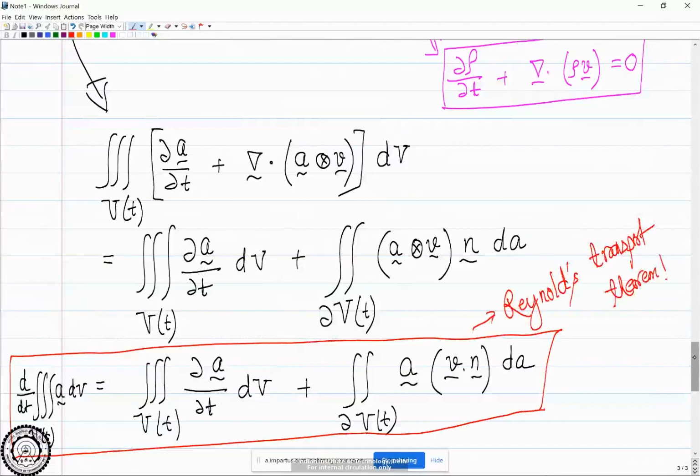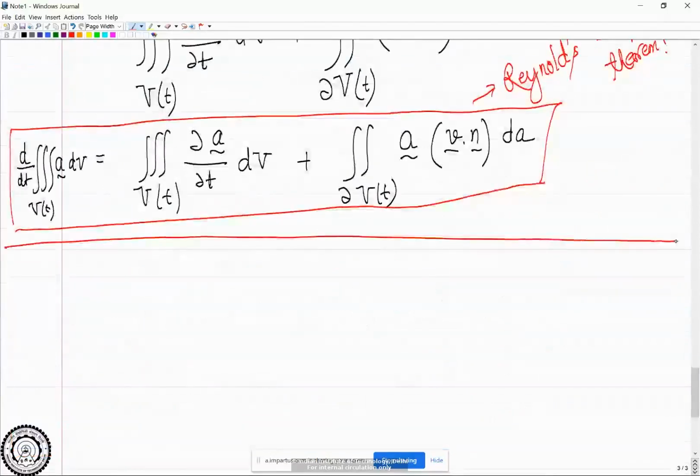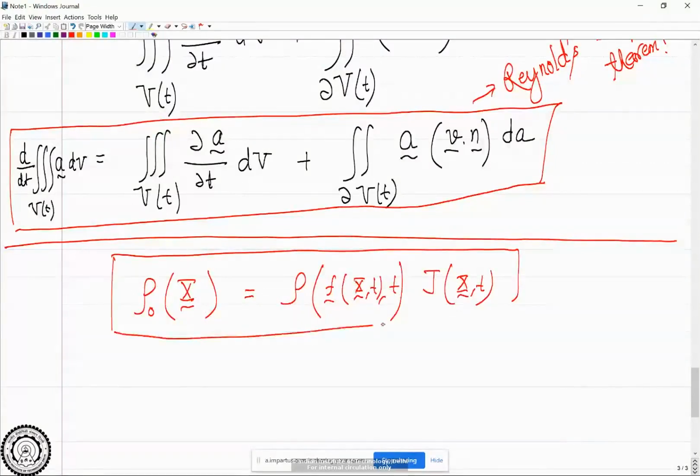All right. Anyway, so this was a digression. We just want to focus on the Lagrangian form of the balance equations. And the first one that we got is the mass continuity, which simply says rho naught of big X is equal to rho of F into J. Okay, this is the first equation, which allows you to obtain the current density.